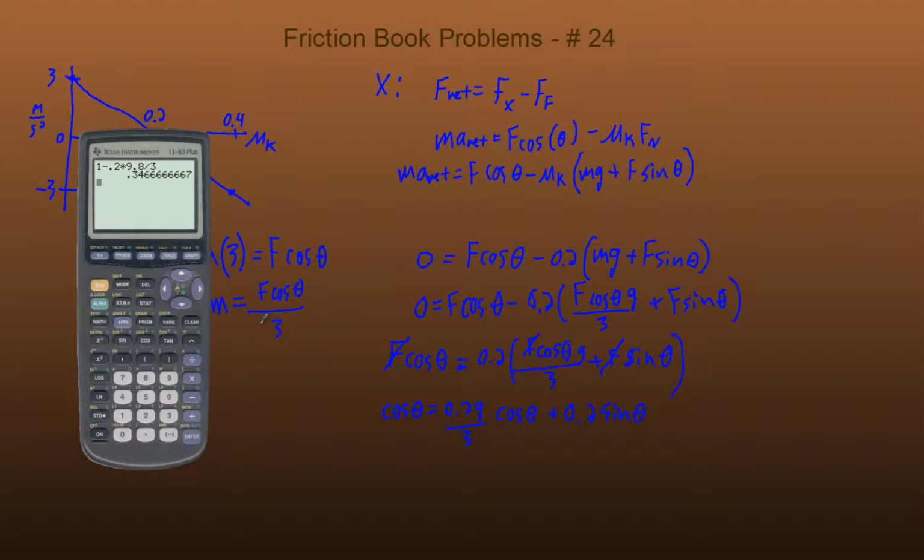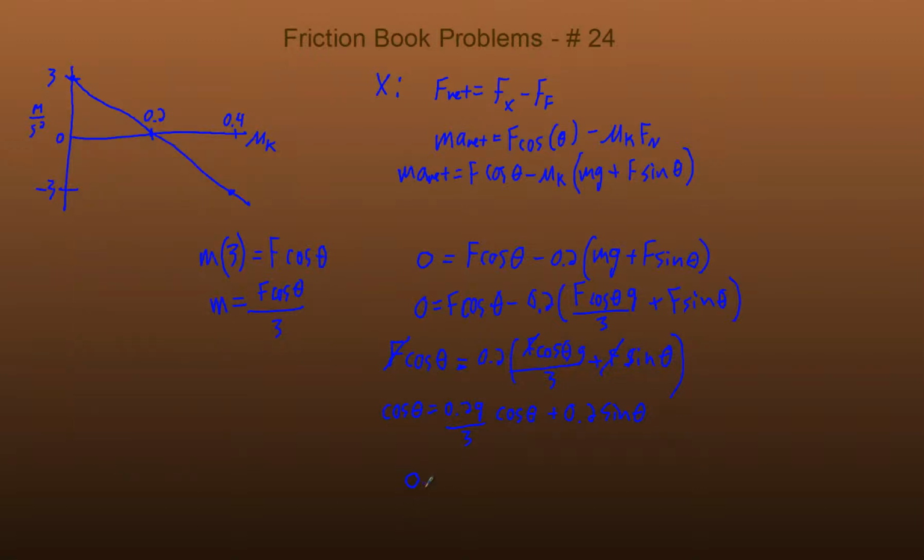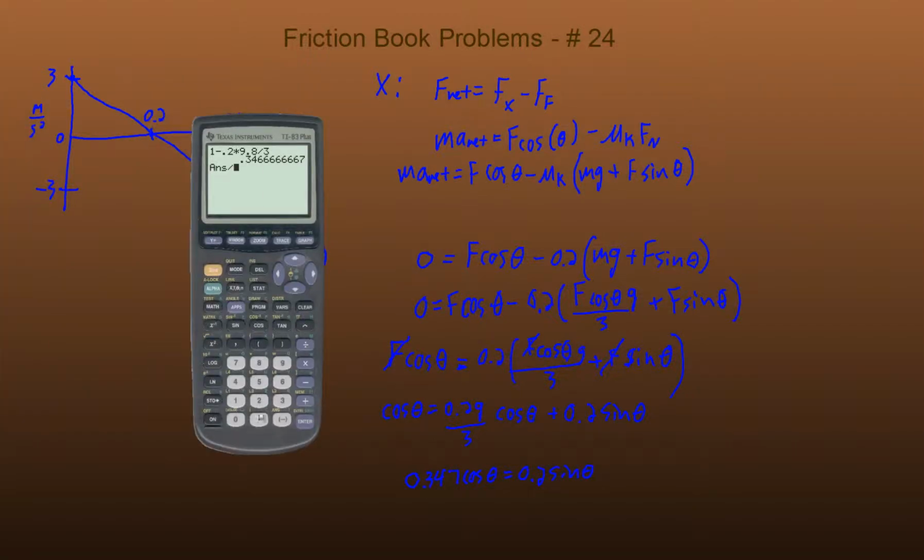So 0.347 cosine theta equals 0.2 sine theta. Divide 0.347 by 0.2, what do we get? 1.733.